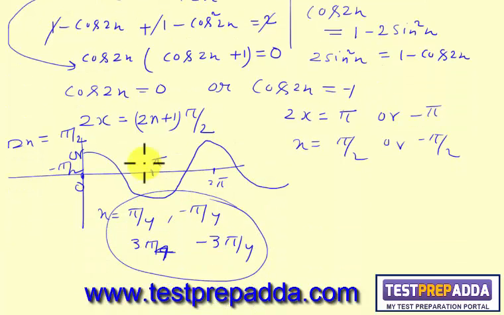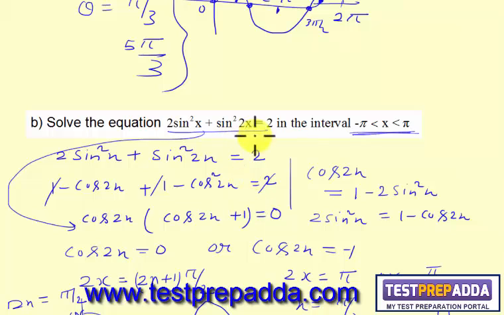So cos 2x will be 0, 2x values will be pi by 2, minus pi by 2, and this way x comes as pi by 4 and minus pi by 4, and similarly it can be 3 pi by 4 as well as minus 3 pi by 4, and this side x is pi by 2 and minus pi by 2. So these are different solutions of the given equation in the interval minus pi to pi.